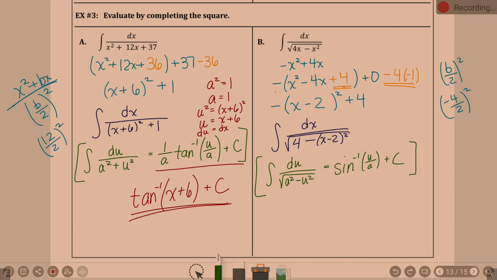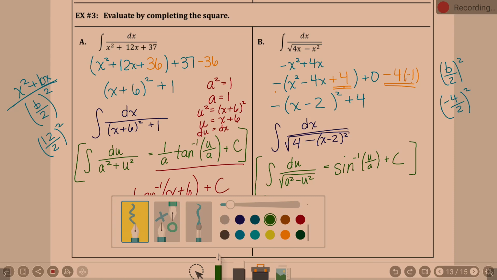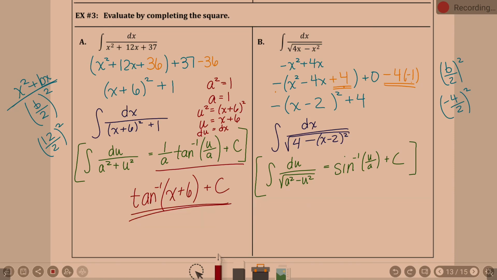But, are you seeing the form? What's A? Or I could ask what's A squared? A squared is in the place of 4. So if A squared is 4, then A is 2.